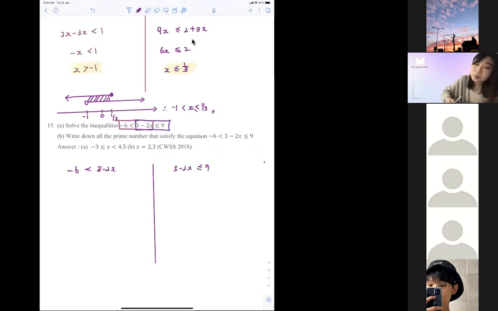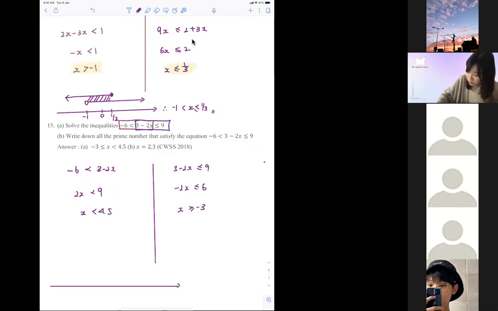All right, so remember x one side, number one side, x always on the left side. So this one, minus bring over plus, minus bring over plus. So 2x, 9x. Okay, that's it. Next one. X always on the left side, non-x on the right side. Now you divide by negative, you flip the sign. Okay, so draw the number line if you're not sure how to do.